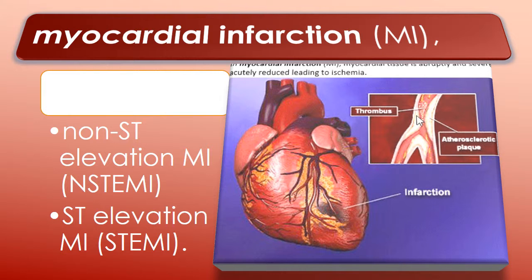Acute MI is further divided by the American College of Cardiology into non-ST elevation MI and ST elevation MI. Patients presenting with non-ST elevation MI typically have ST and T wave changes on the 12-lead EKG.